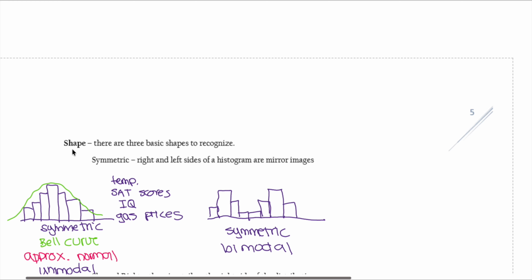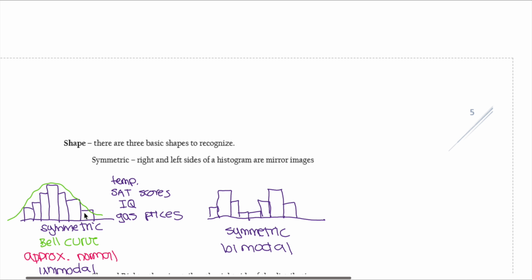The definition for shape is that there are three basic shapes to recognize. The first one is symmetric, and it means the right and left sides of a histogram are mirror images. If you draw an axis in the middle of the distribution, the left side and right side are approximately equal.